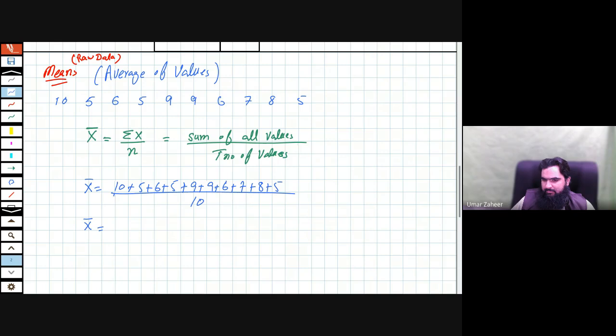So 7. This means that the mean value of this data is 7. So this is how you have to find the mean of our raw data.